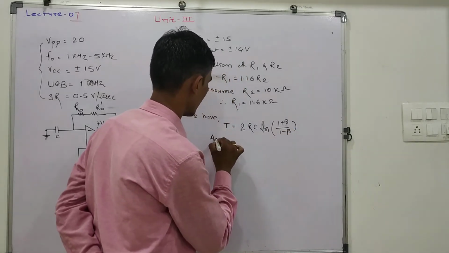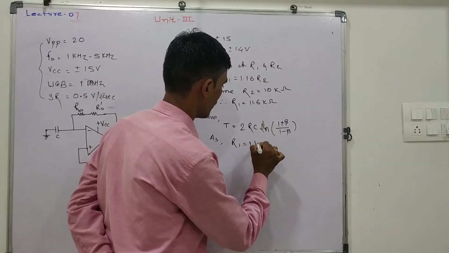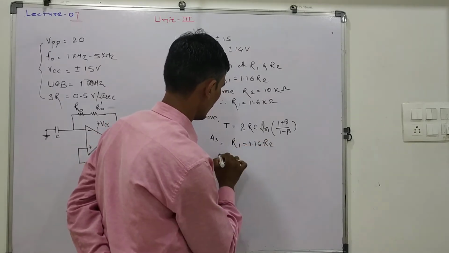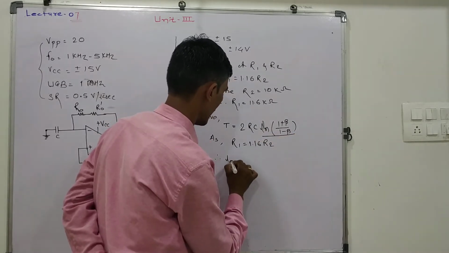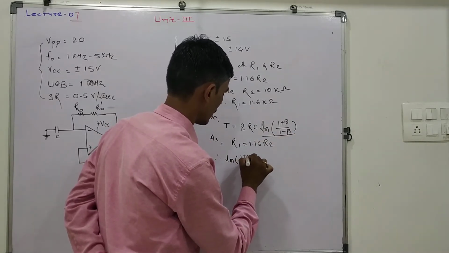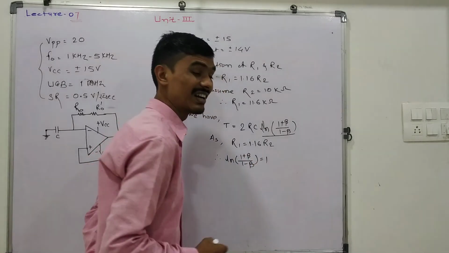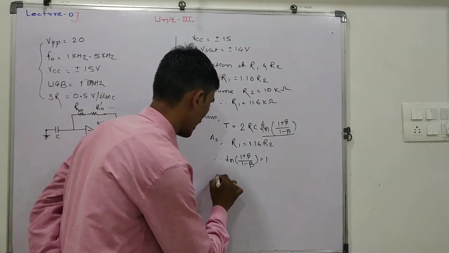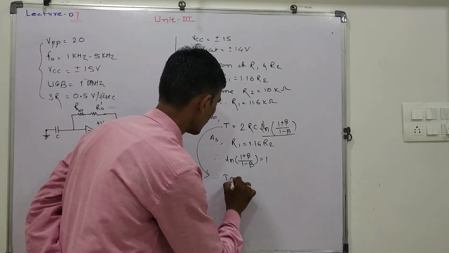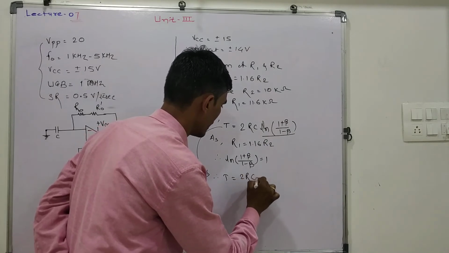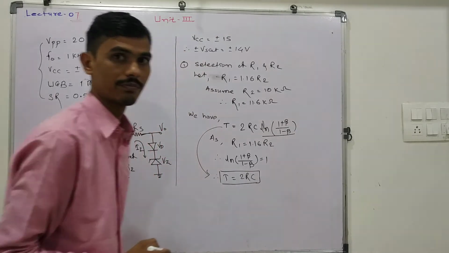As R1 is equal to 1.16 R2, therefore this term, ln of (1 plus beta) upon (1 minus beta), is equal to 1. Therefore the finalized formula for T is T equals 2 times RC. So this is the formula for the time period.